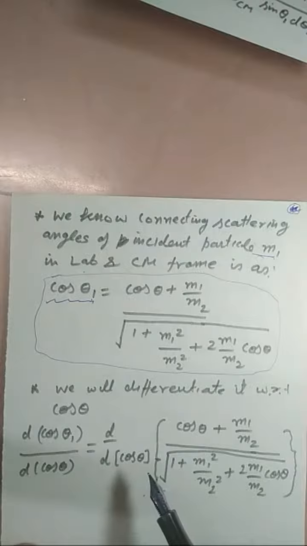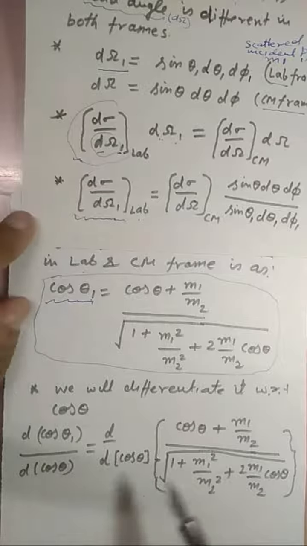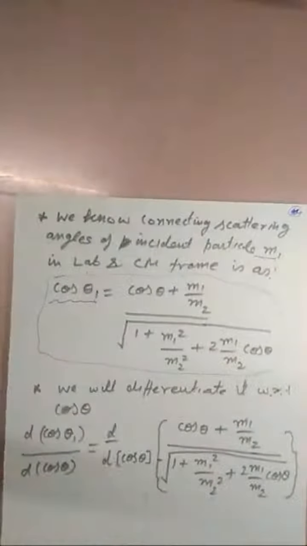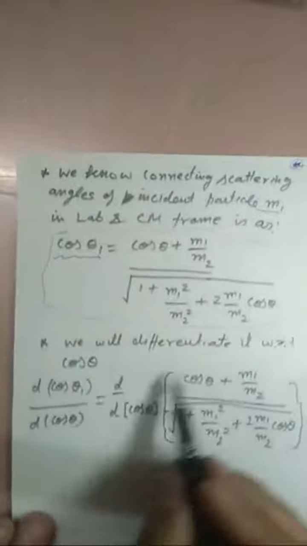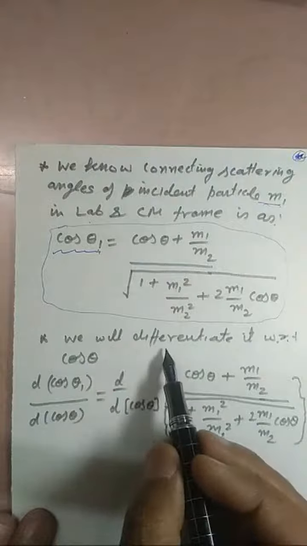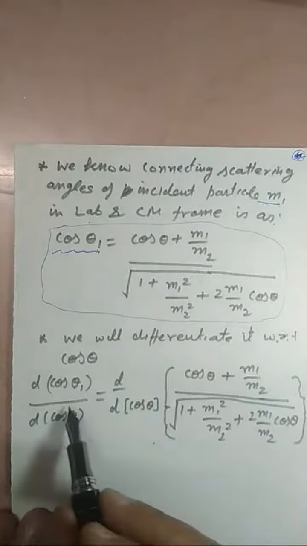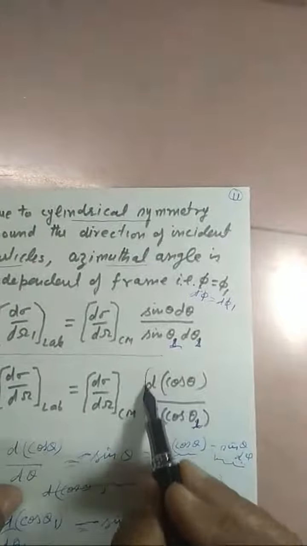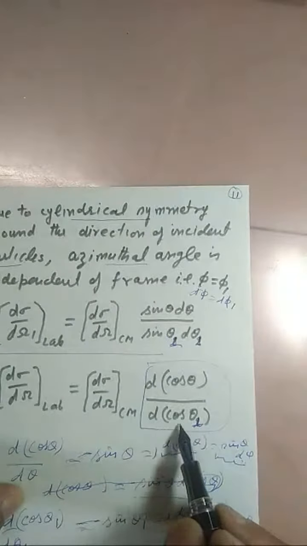So now in this relation, we will differentiate with respect to theta 1, because in our relation we have to solve d cos theta divided by d cos theta 1.